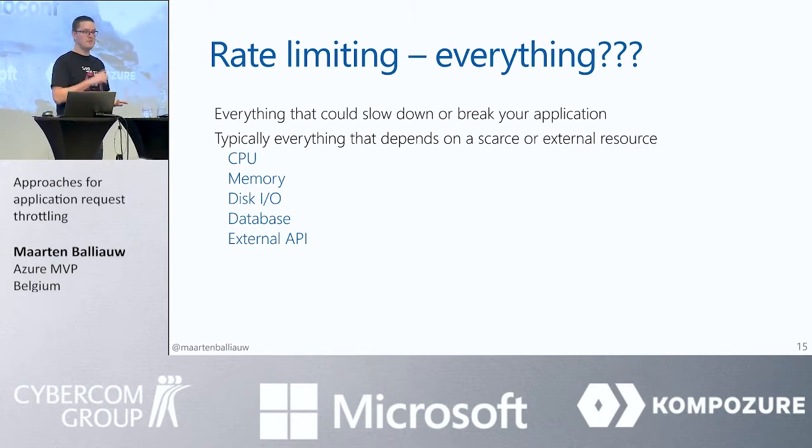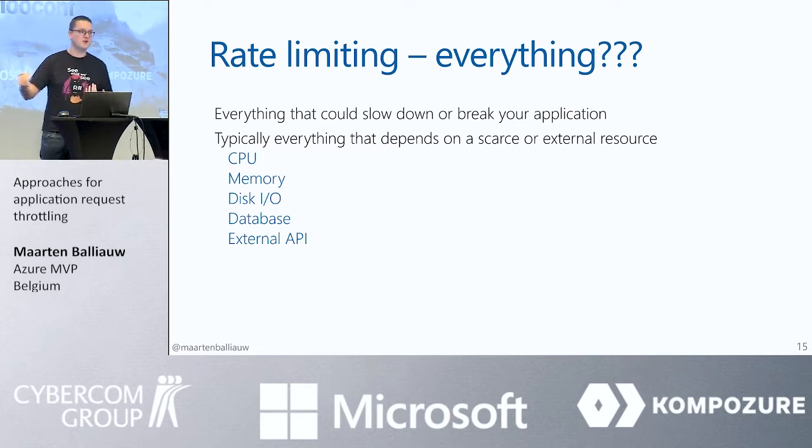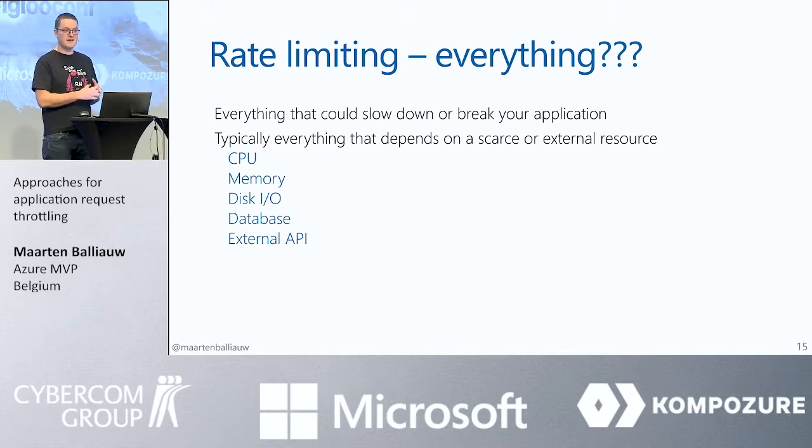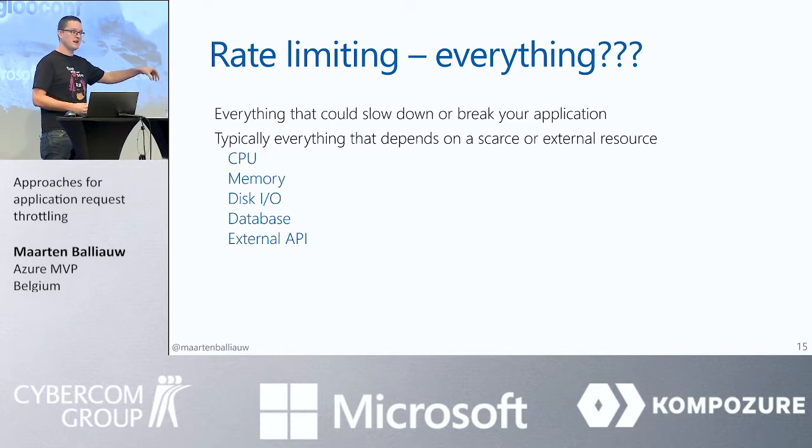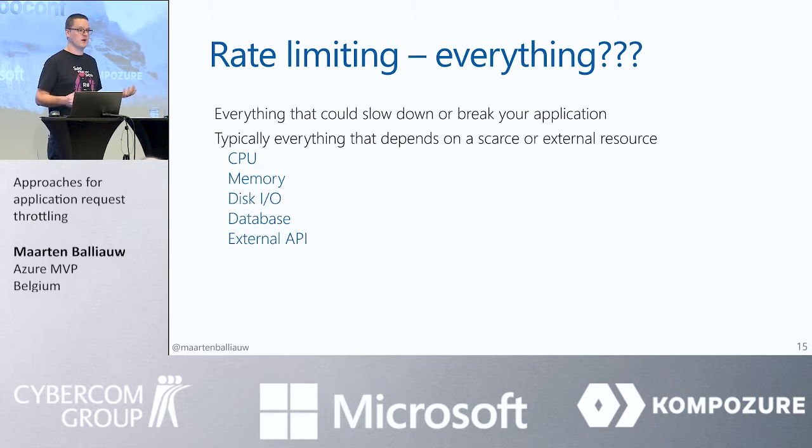Same thing with memory, same thing with disk I/O, same thing with your database, same thing with making external API calls and so on. Anything typically that you are building in an application is somewhat limited in some kind, so you probably also want to put a limit on your external users to make sure they cannot abuse anything and, for example, make sure that your CPU can no longer process things. So rate limit everything.